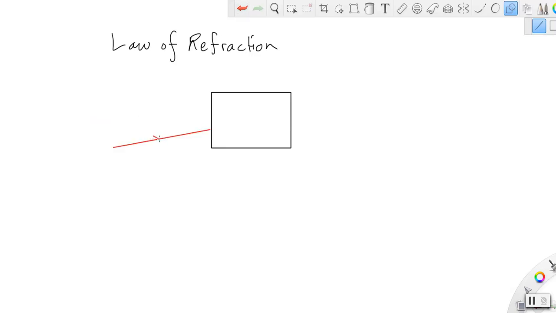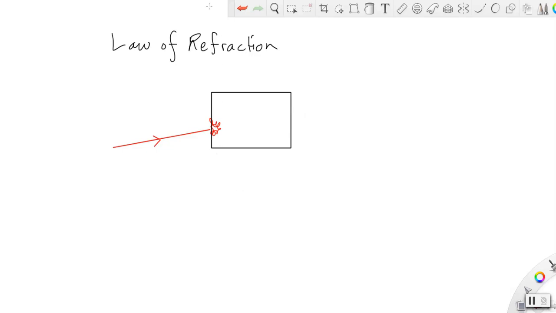There are three things that can happen. It can either be reflected, or it can be transmitted, or it can be absorbed, in which case it's no longer light. It just becomes other forms of energy in the material.